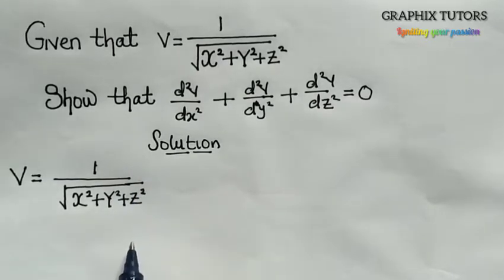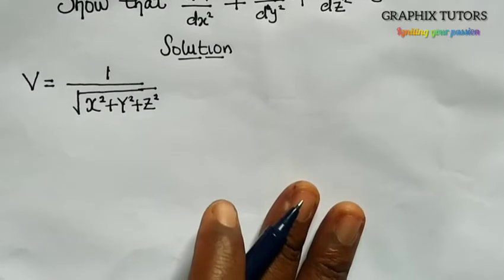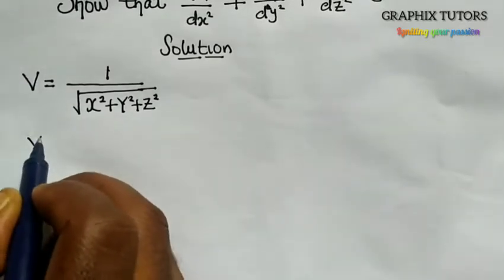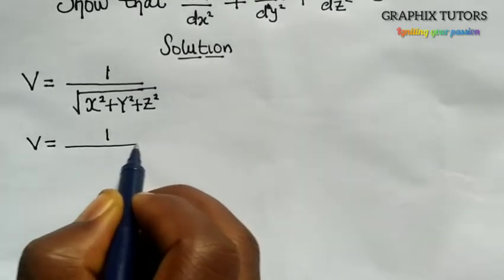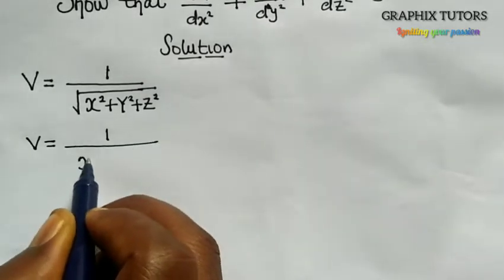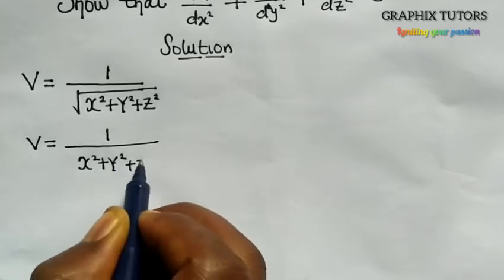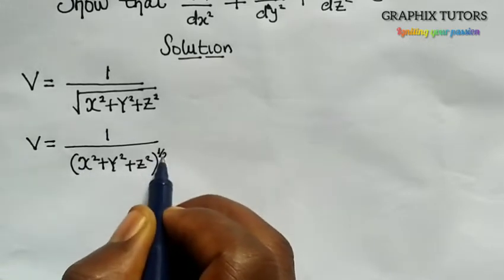Now, if I rewrite this again, I will have v equal to 1 all over x squared plus y squared plus z squared raised to the power of 1 over 2.